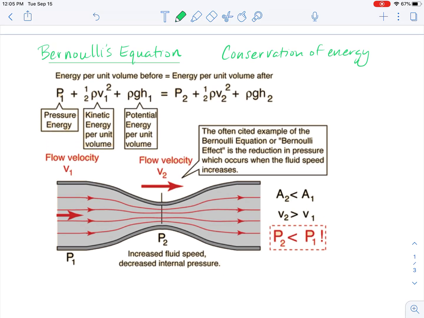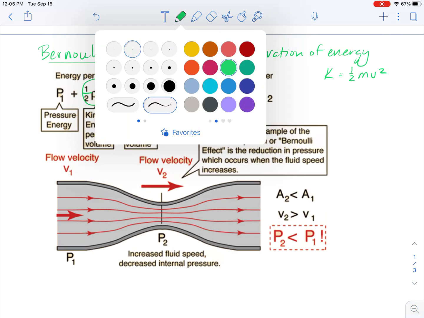And so what we have here are three kinds of energy. We've got pressure, we've got kinetic energy per unit volume, and we've got potential energy per unit volume. You may recall that kinetic energy looked like 1/2 mv squared, which is what this 1/2 rho v squared looks like.